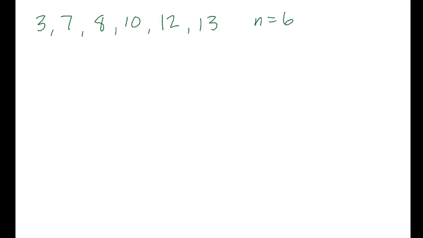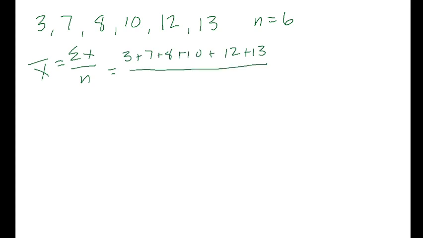So let's go ahead and start with our mean. Our mean is equal to the sum of x all over n. So what would we do? We would add all the scores together and we would divide by the total number of scores. This gives us something like 53 over 6, which gives us a mean of 8.83.